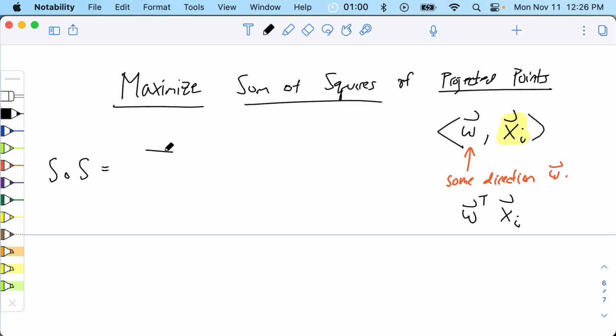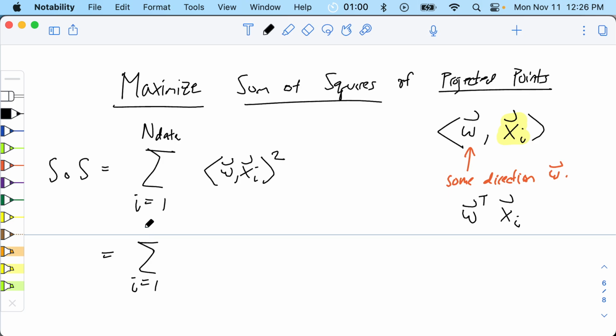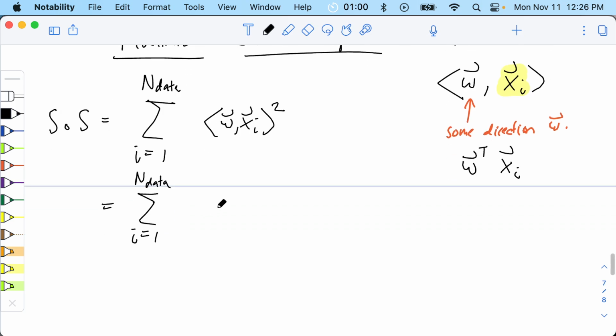It's the sum over all the data points, i equals 1 to the number of data points, of w transpose times xi, squared.